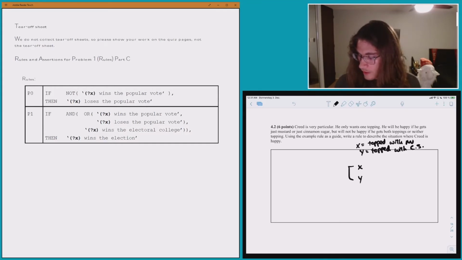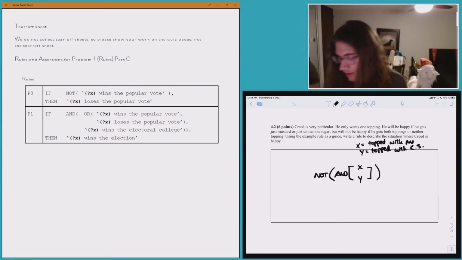So if we have both X and Y, that's bad. We don't want Creed to have both at the same time, which means it's good if I only have one, if I don't have both.